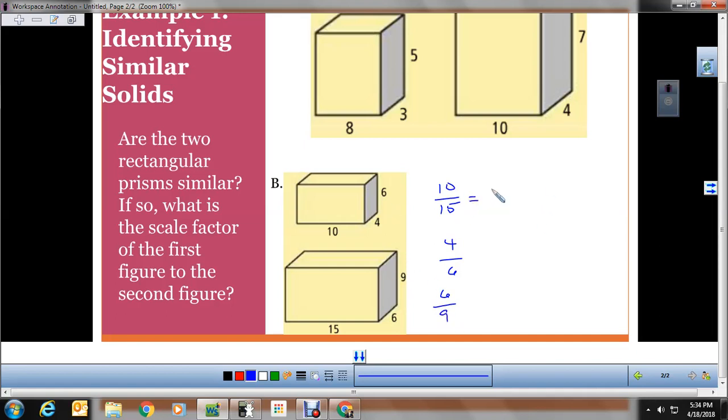So this reduces by 5 and becomes 2 over 3, reduces by 2 in this one and becomes 2 over 3, and then by 3 in this one, this becomes 2 over 3. They're all the same, so this one is similar, and our scale factor is a 2 to 3 ratio. It can be written as 2 to 3 this way, or 2 over 3. Both ways are acceptable.